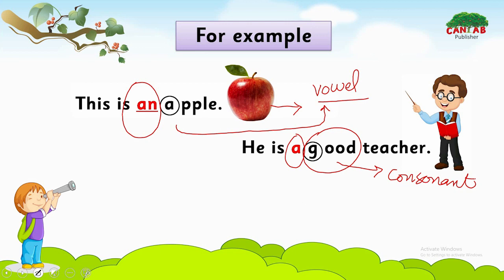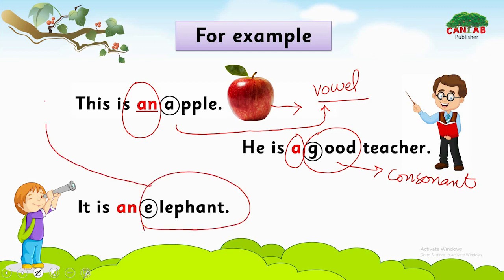The next example is, it is an elephant. Elephant again comes in the category of vowels. Elephant starts with E of the alphabet, which is a vowel, and it sounds like a vowel.